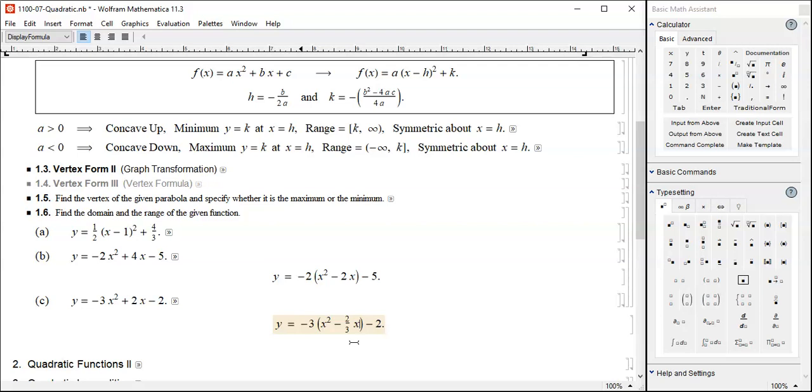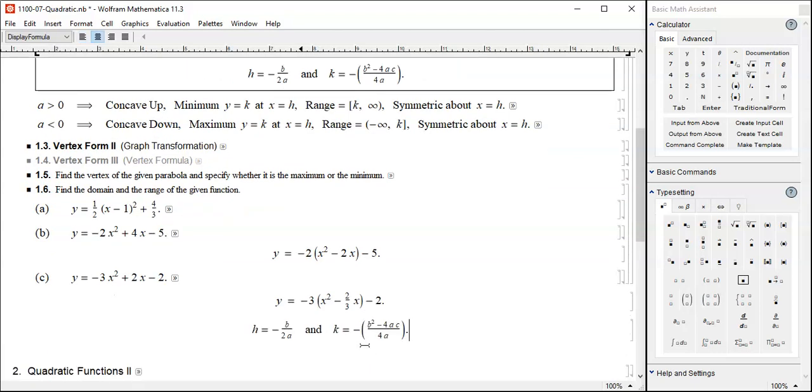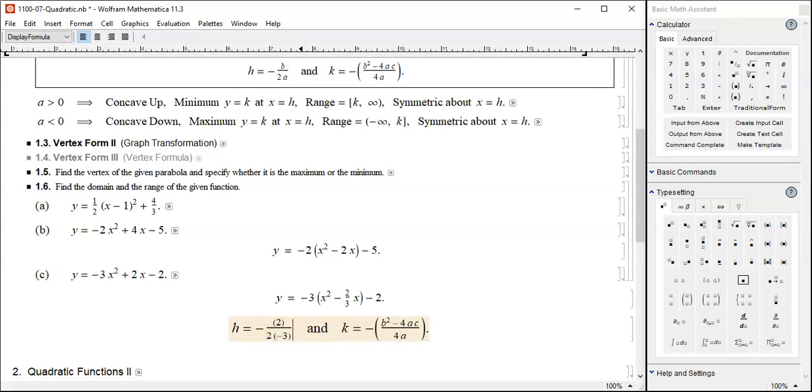Now, if you use the formula method, b is 2, a is negative 3, so this whole thing is, let's see, 1/3? Okay.